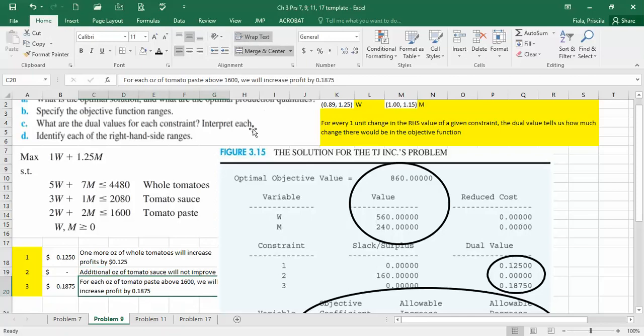And then the last one, we can say that for each ounce of tomato paste, which is the third constraint, above 1600, the right hand side will increase profit by 0.1875.